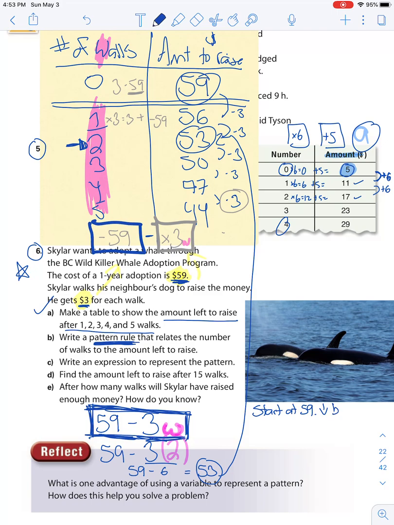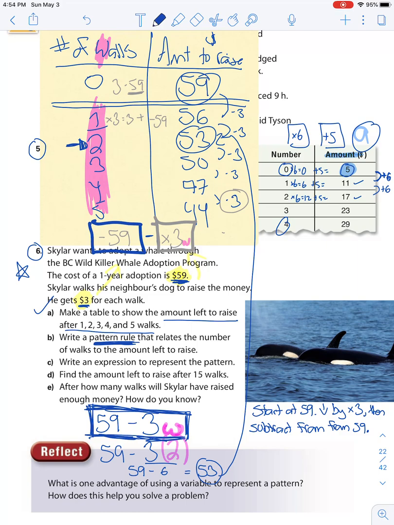Start at 59, and then we're going to decrease by, really what we're doing is multiplying by 3, then subtract from 59.